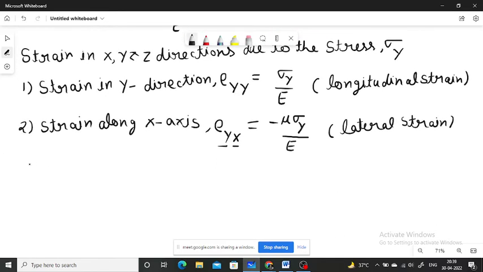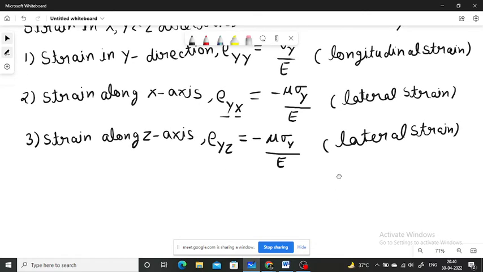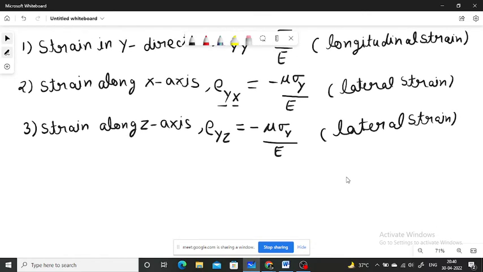Okay. Now strain along the z-axis, Eyz, is equal to minus mu sigma y by E. Sigma y by E is longitudinal strain, so it will be the lateral strain, because the change in dimension is perpendicular to the stress.